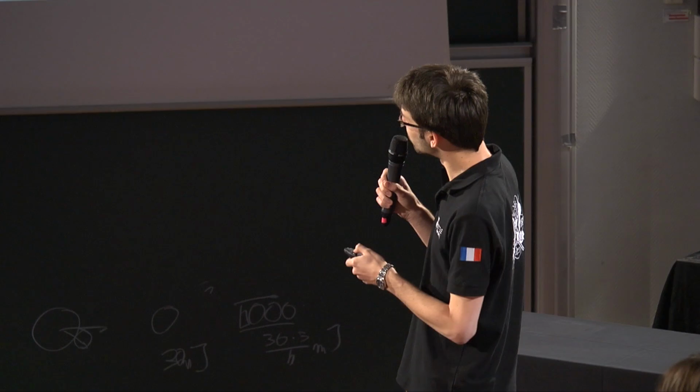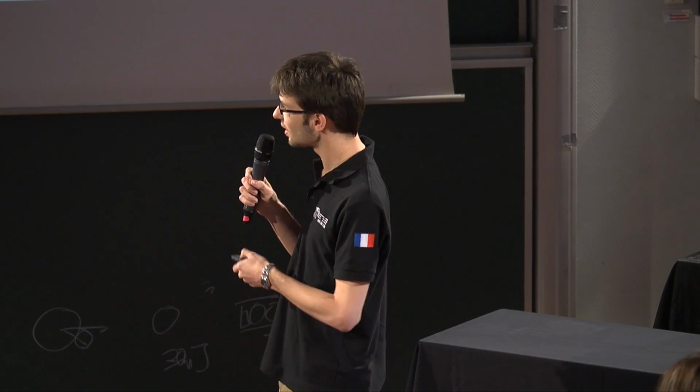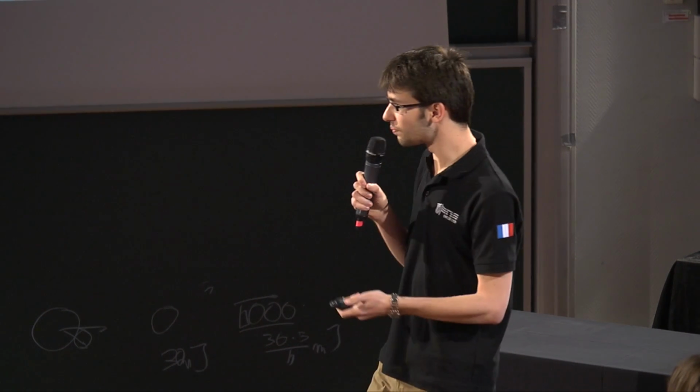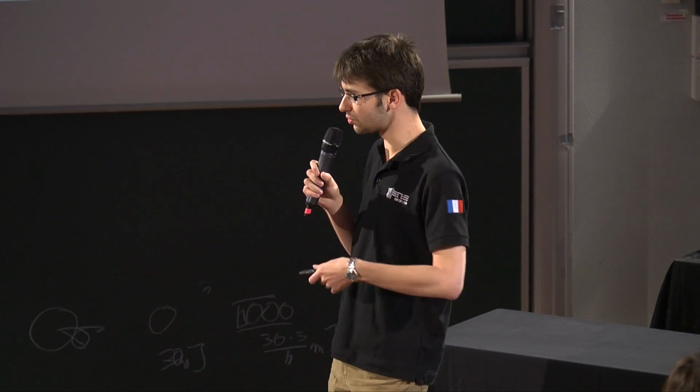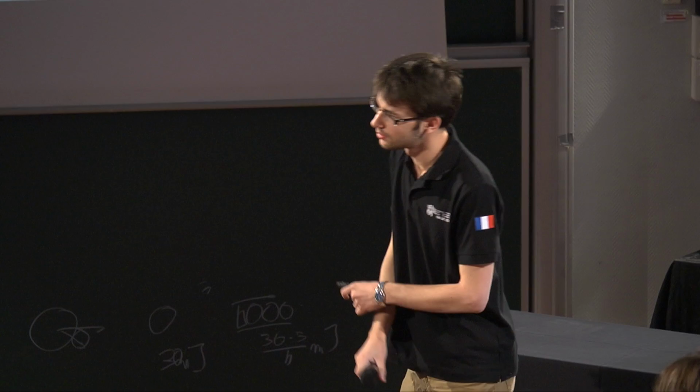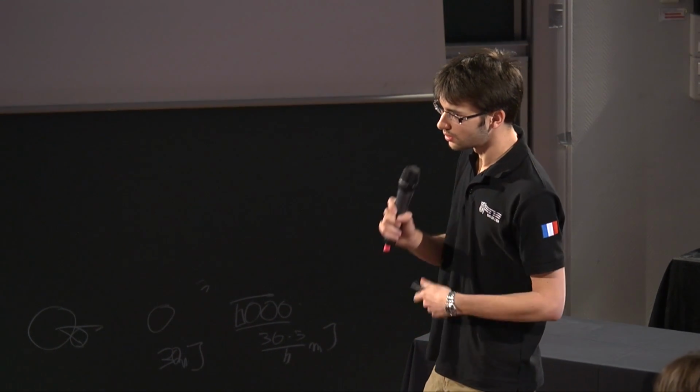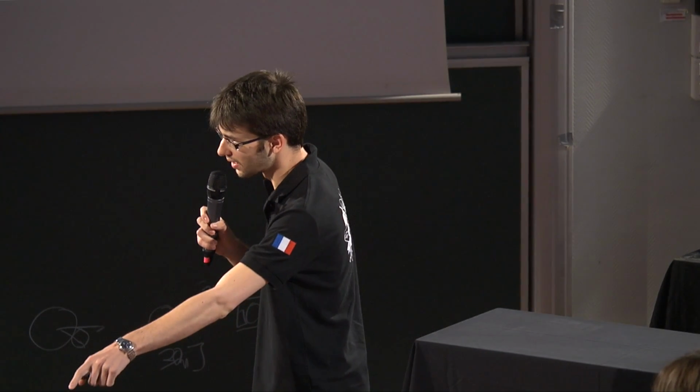Now, about the second point I stressed here, which comparison could you make and why didn't you make it between your model and your experiments? Maybe you might switch slides.